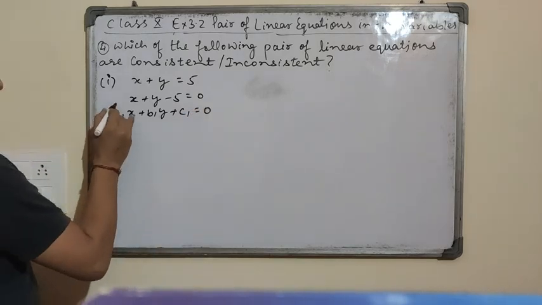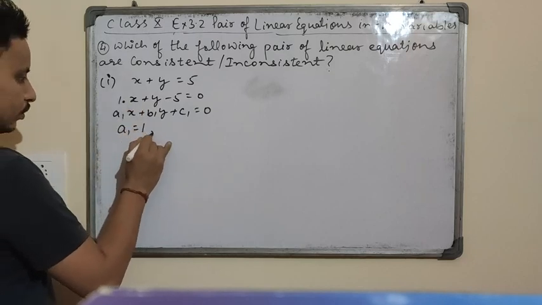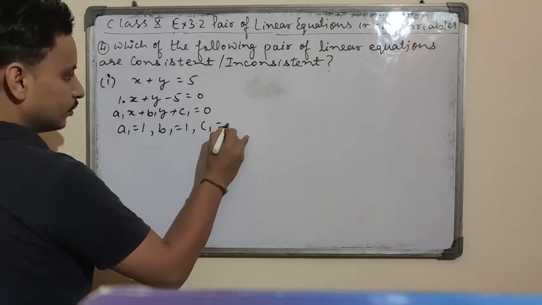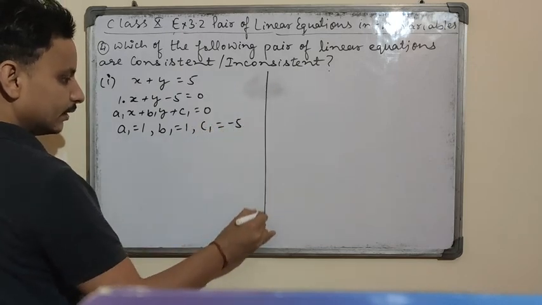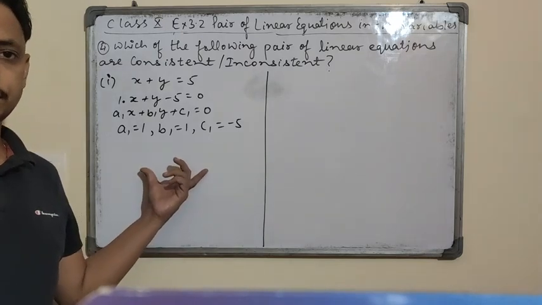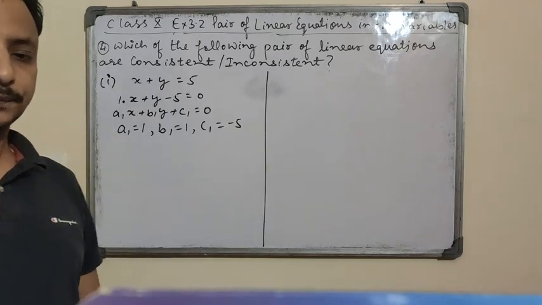On comparing, the coefficient of x is 1, so a1 equal to 1, b1 equal to 1 and c1 equal to minus 5. Here we got the coefficients by comparing the equation with a1x plus b1y plus c1.